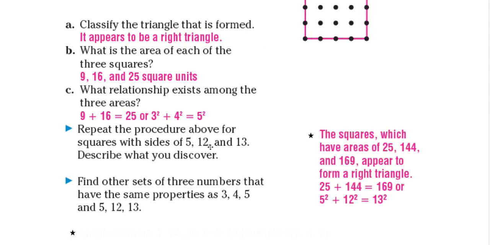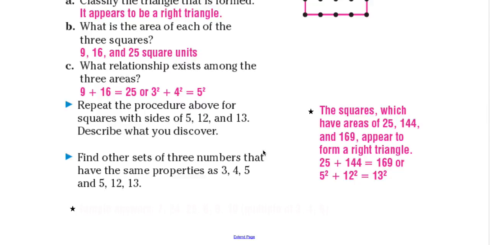It will have areas of 25 square units, 144 square units, and 169 square units. And just like before, it will have the relationship 25 plus 144 equals 169, or 5 squared plus 12 squared equals 13 squared.